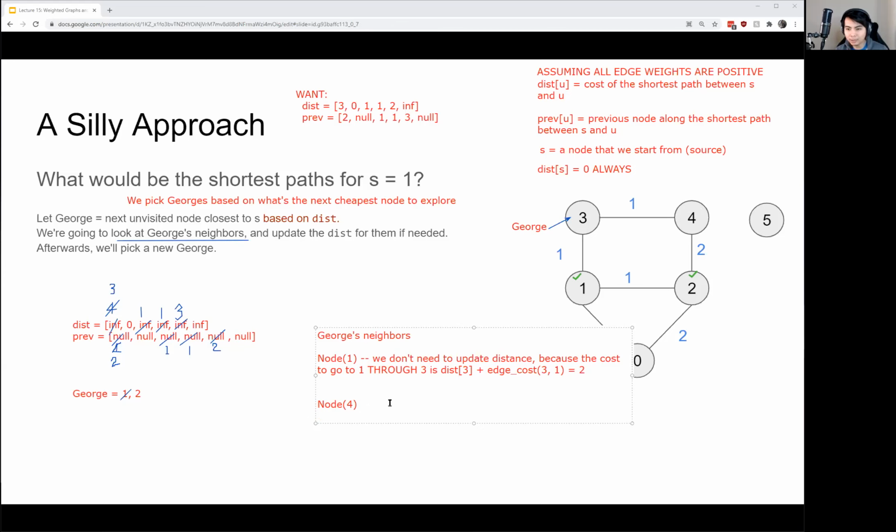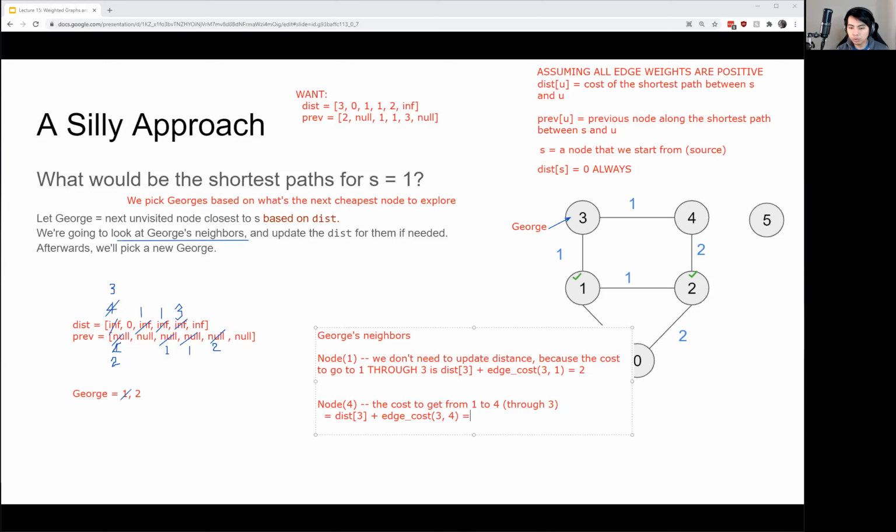The answer is yes, because if we just compute here, the cost to get from 1 to 4 through 3 is equal to the cost of getting to 3 plus the cost of going from 3 to 4, right?